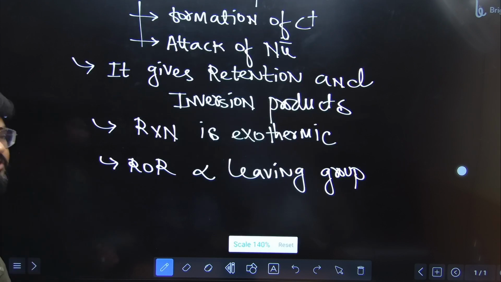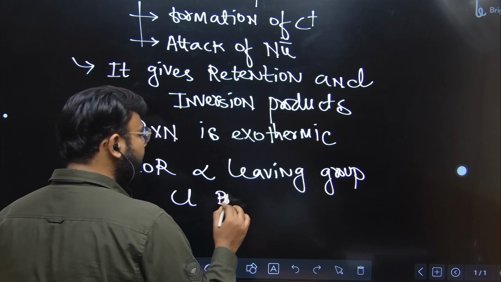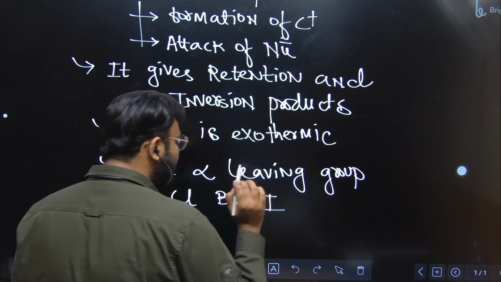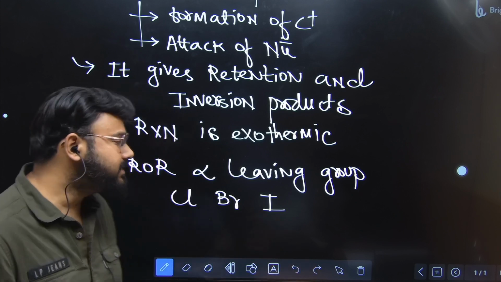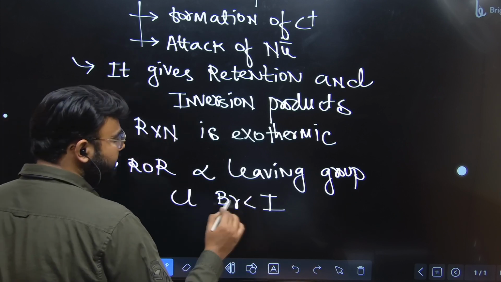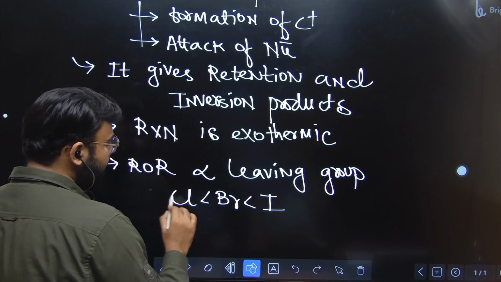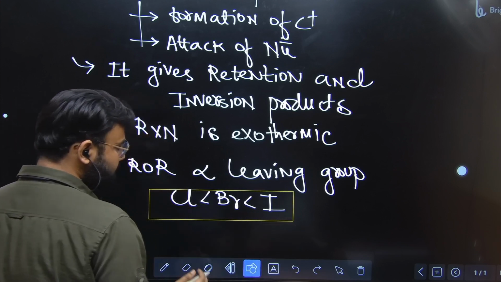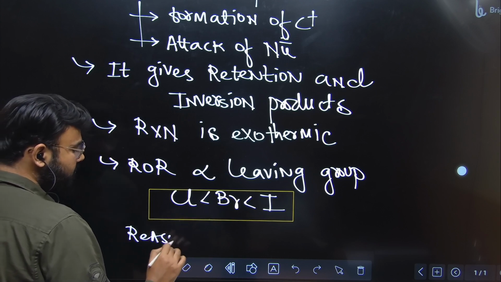The options we have here are chlorine, bromine, and iodine. Who is the best leaving group? Iodine is the best leaving group. Please remember this. This is your order for the reactivity. Now, what is the reason behind it?